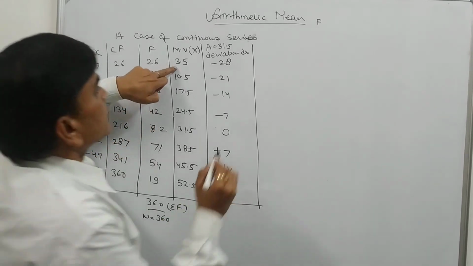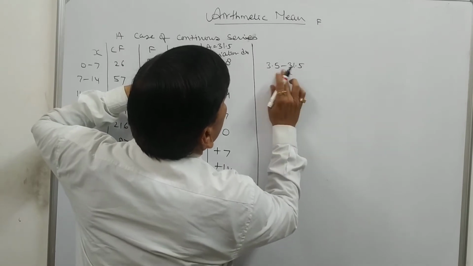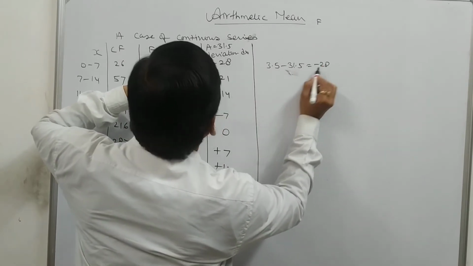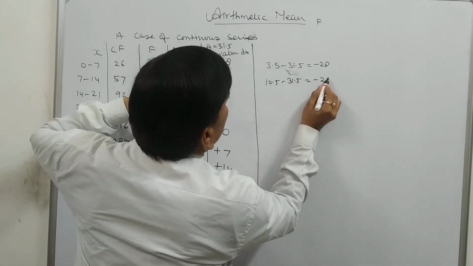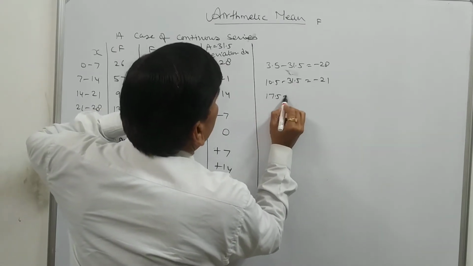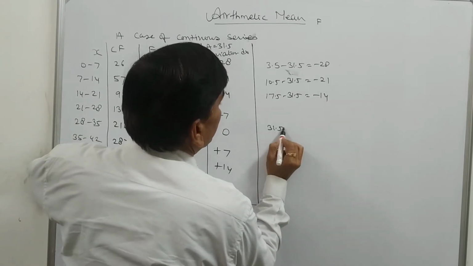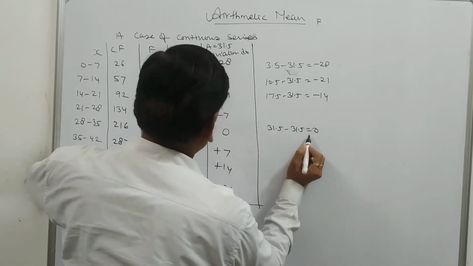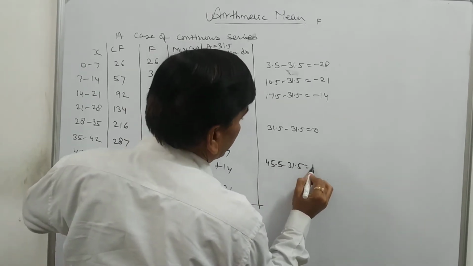What we have done: 3.5 minus 31.5, the assumed mean is 31.5, so we get minus 28. Here 10.5 minus 31.5, we get minus 21. 17.5 minus 31.5, we get minus 14. 31.5 minus 31.5, we get 0. 45.5 minus 31.5, we get 14.